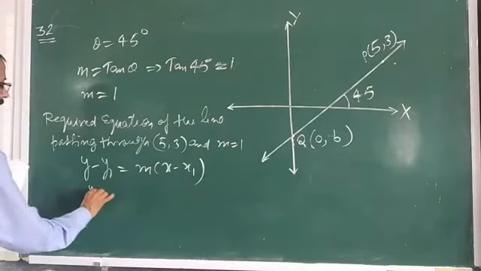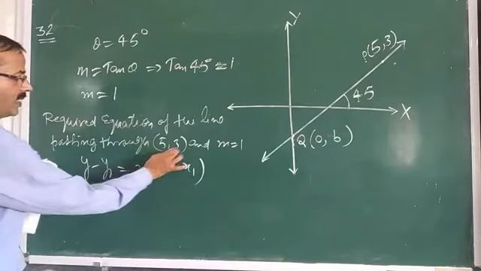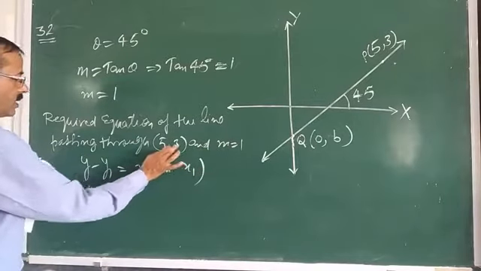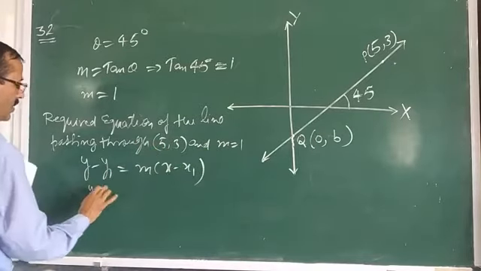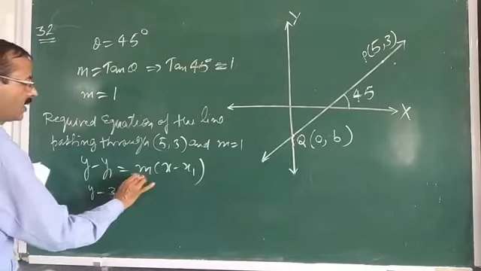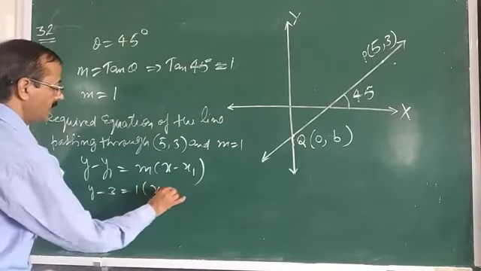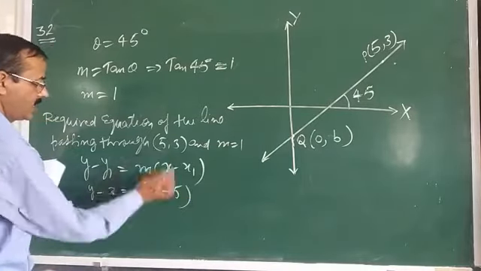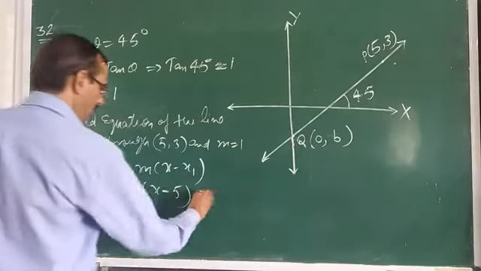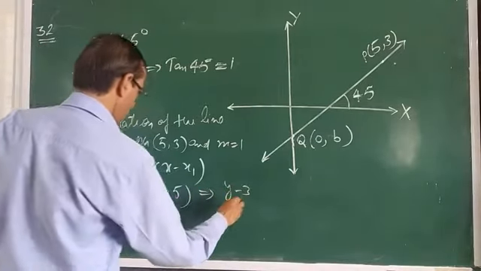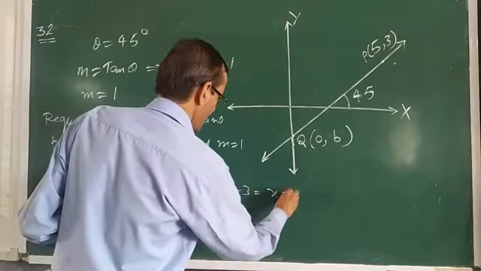So y minus y1, and m, x1, y1. So y minus 3 is equal to the m value 1 times (x minus 5), where x1 is 5. Simplify this: y minus 3 is equal to x minus 5.